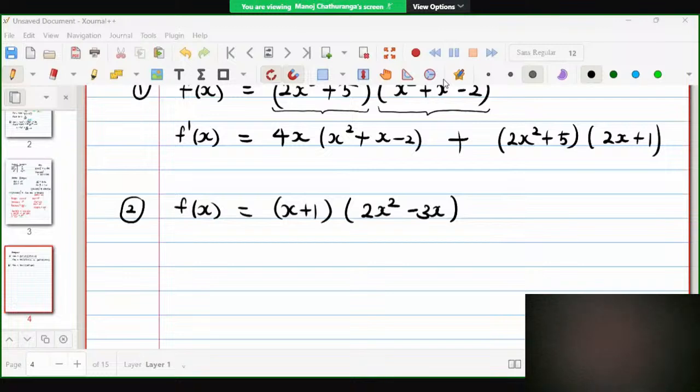That way I can easily take your attendance. Katsarani, can you rename yourself? And also Udesh Roshan.